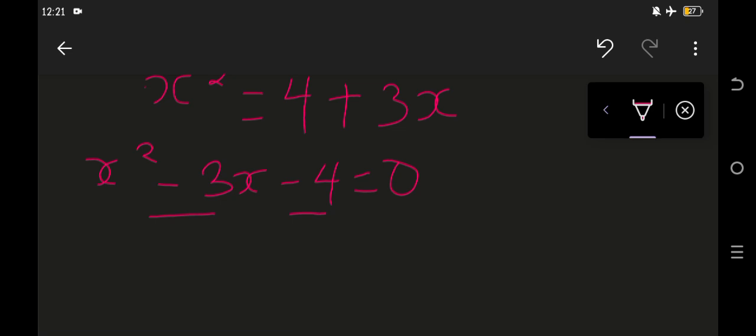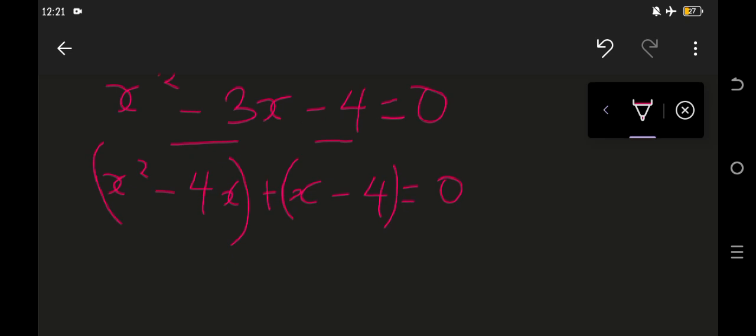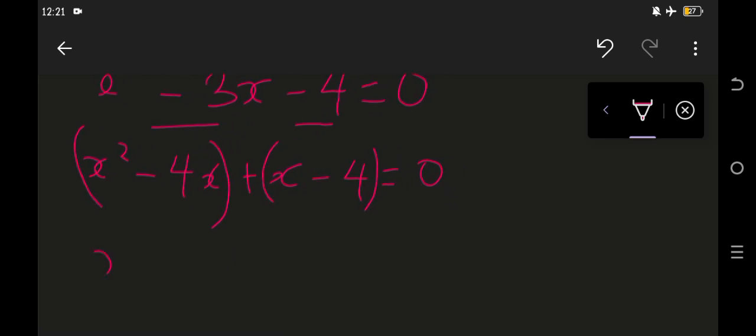So let us expand that. x squared minus 4x plus x minus 4 is equal to 0. Now let us factorize that. You will have x into x minus 4 plus 1 into x minus 4 is equal to 0.